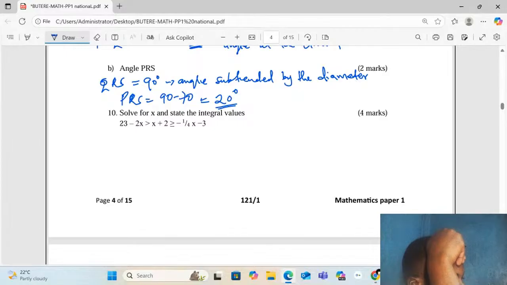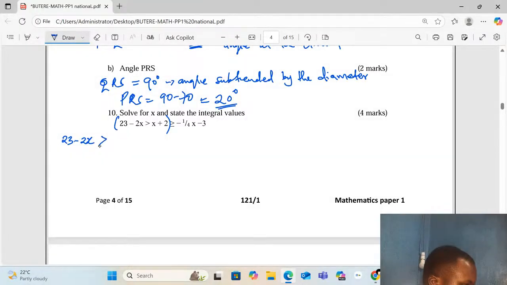Solve for x and state the integral values. In this case, you can work it out separately. You can start with 2x, 23 minus 2x, then x plus 2, so that you collect the like terms.